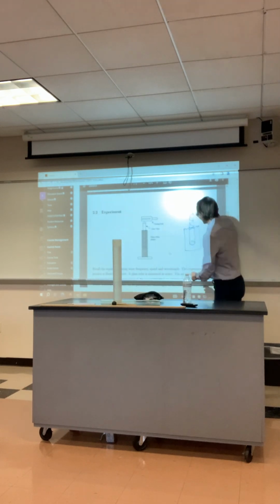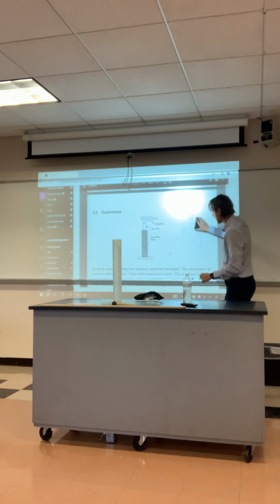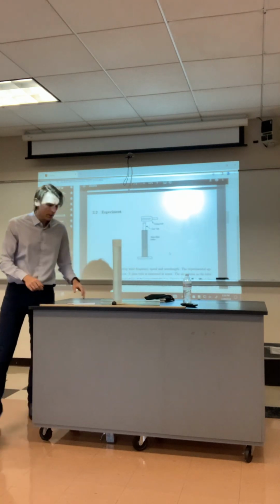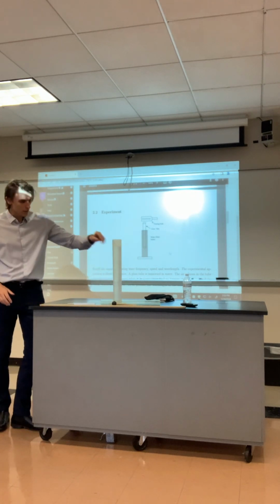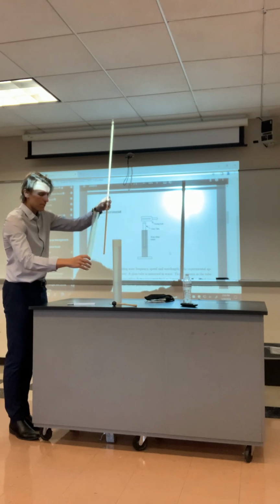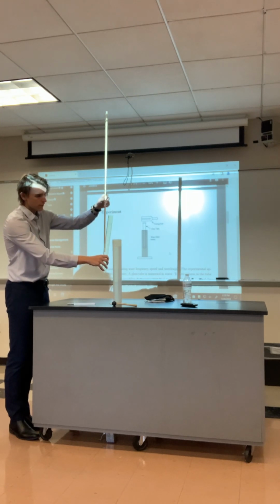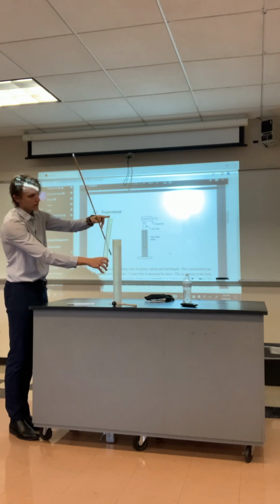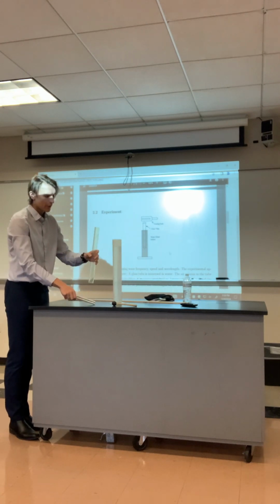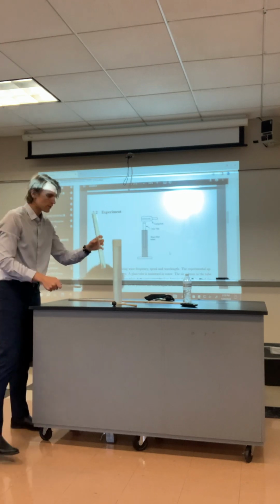So I'll demonstrate what's going to happen in this lab. You have the equipment as specified. We have this tube full of water. You have a meter stick, with which we're going to measure the height from the water to the top of this tube. You'll be holding this tuning fork right above.